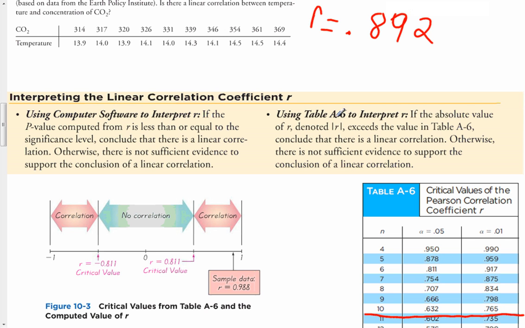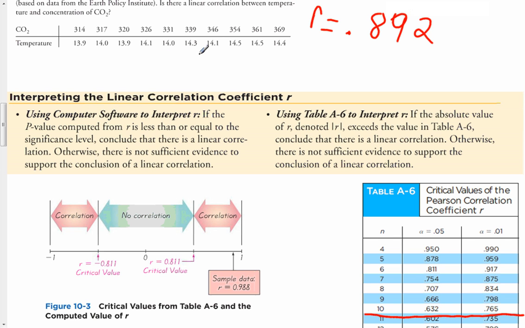And right here it says if the absolute value of R, which is 0.892, exceeds the value in the table, which it does, conclude that there is a linear correlation. So we can conclude here that there is a linear correlation. That is how we would use R in order to see if there is or is not a linear correlation.